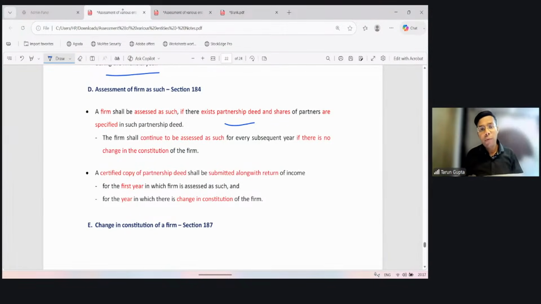So section 184 says a firm is assessed as such if there exists a partnership deed and the share of partners is specified in such partnership deed.